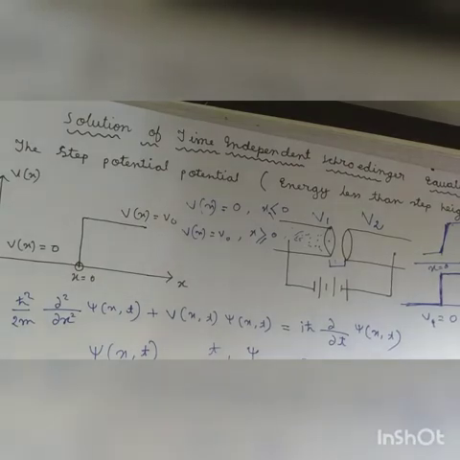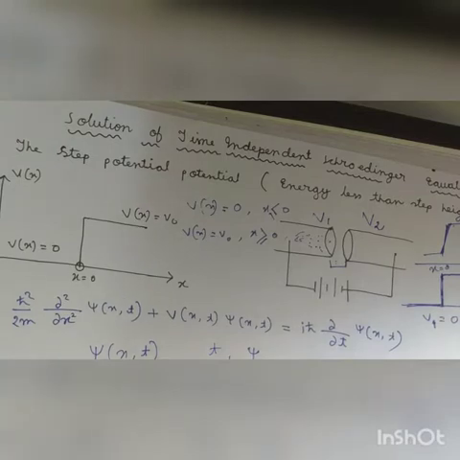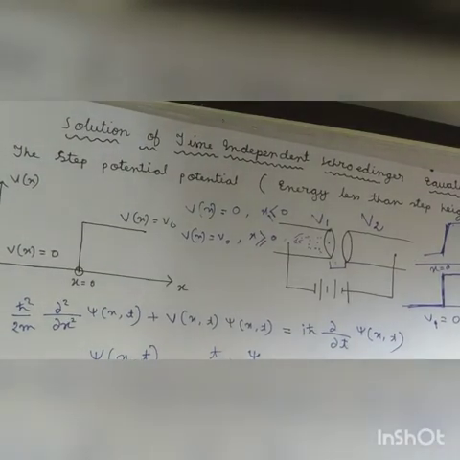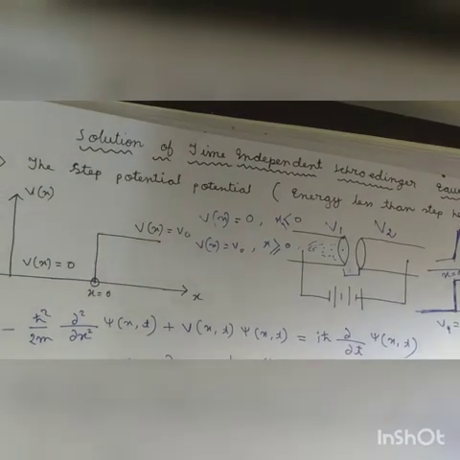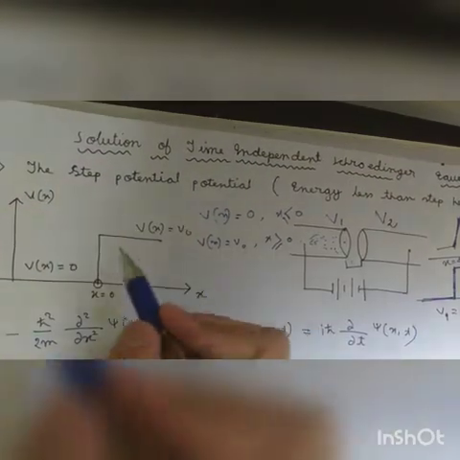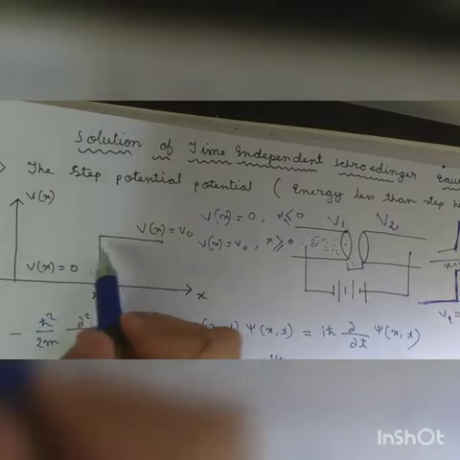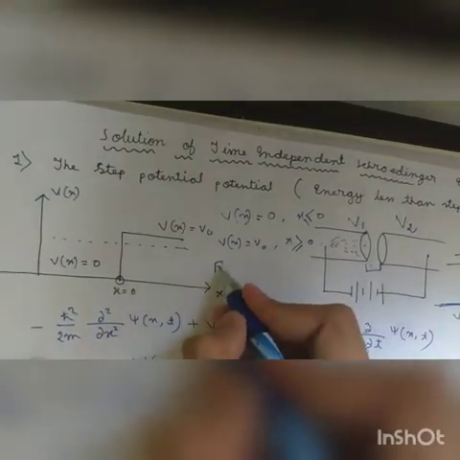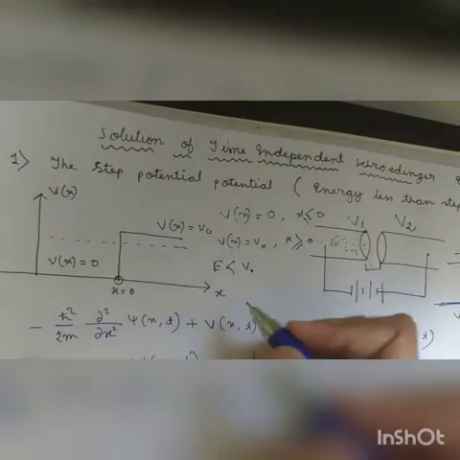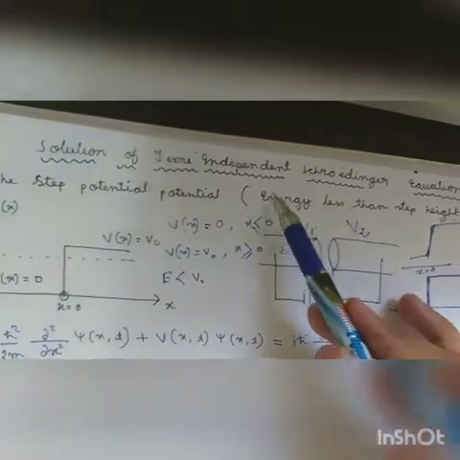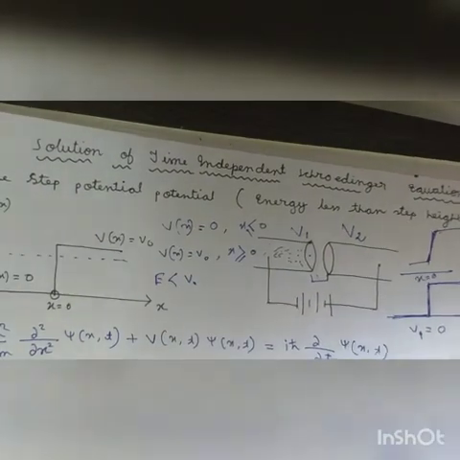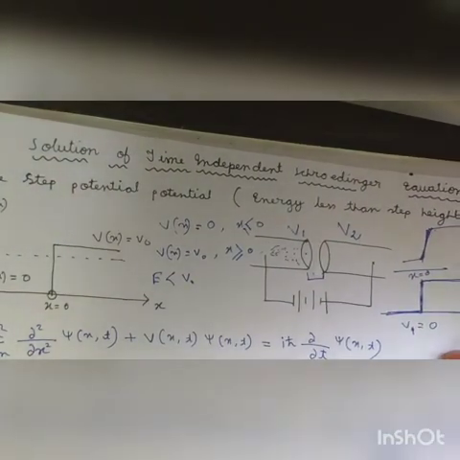So whatever that entity is, let its total energy be E. In this case we are considering its energy to be somewhere in between, so the energy is less than V0. So the energy is less than the step height. We would like to solve this time-independent Schrodinger equation for this special case.